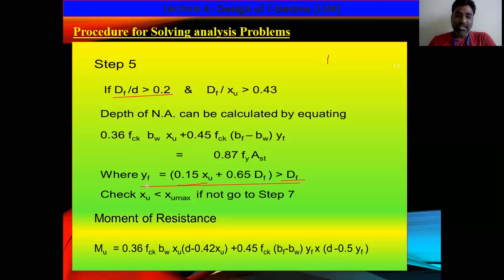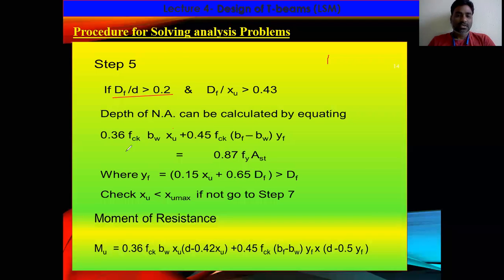After calculating the effective, that is modified, thickness of flange, it is similar to your second case, that is depth of neutral axis in the web and DF by D less than or equal to 0.2. But the only thing is, instead of using DF, you have to use YF. See here, we are equating the compression force to the tension force, right?